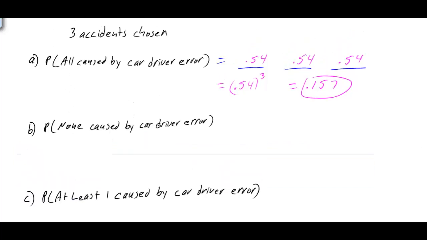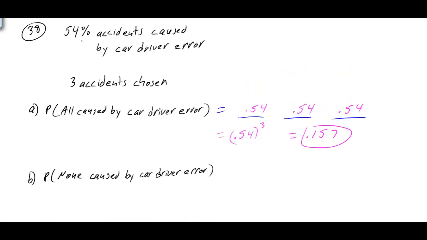Okay, part B says, what's the probability that none are caused by the car driver error? Well, if it's 54% accidents are caused by car driver error, then that means we could take 1 minus the 0.54, and that means we'd be left with 0.46.